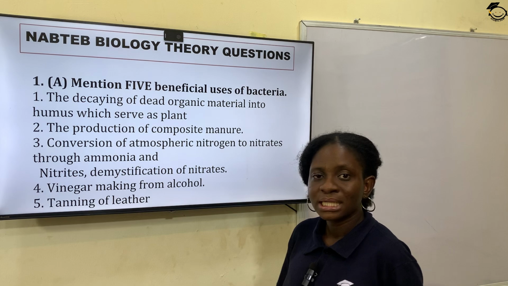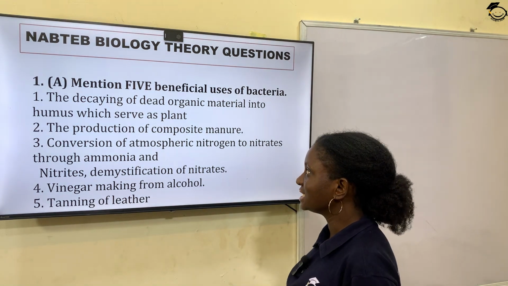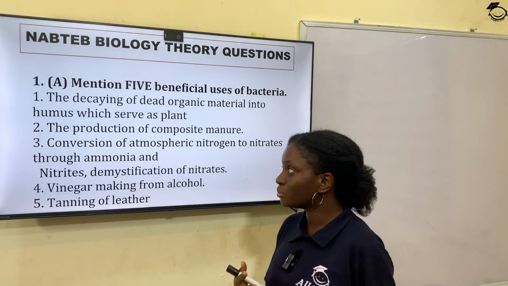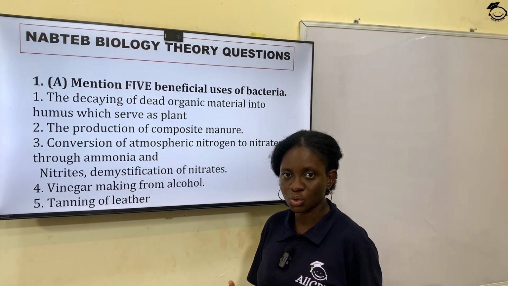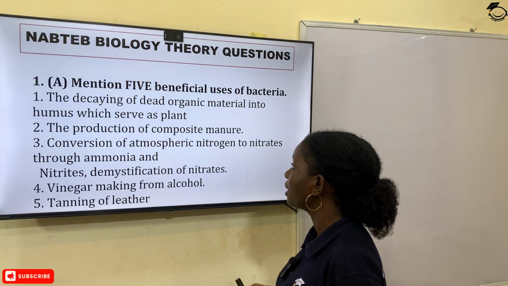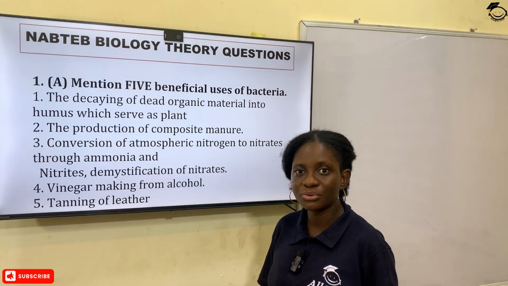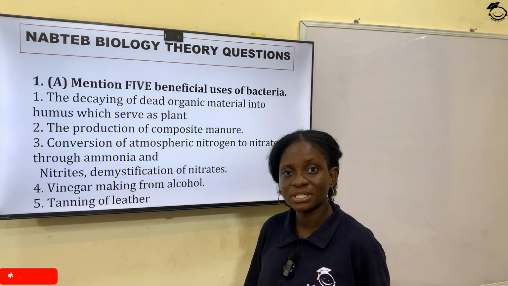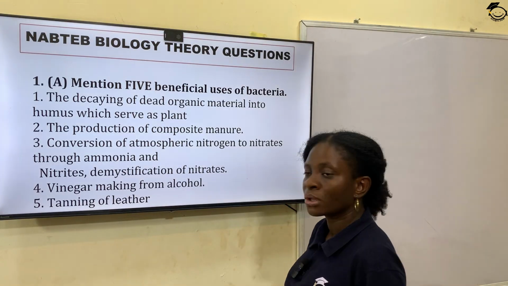Number 1, bacteria is involved in the decaying of dead organic material into humus, which serves plant growth. So bacteria help to decay dead organic material, which improves soil texture and definitely supports plant growth.